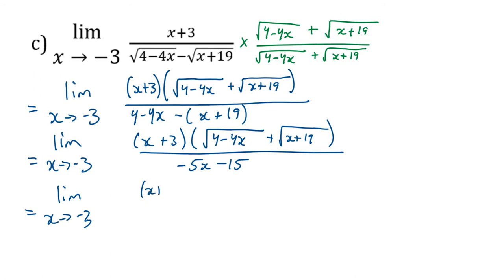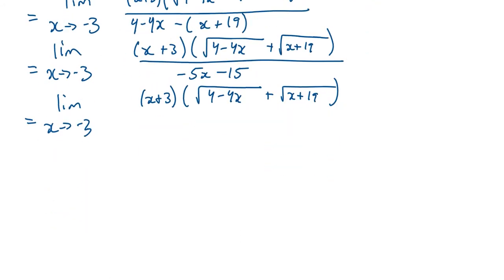And I got to write this out one more time at least, maybe two. And I believe if I factor out a negative 5, I get the x plus 3 that I want. Okay, they are gone.